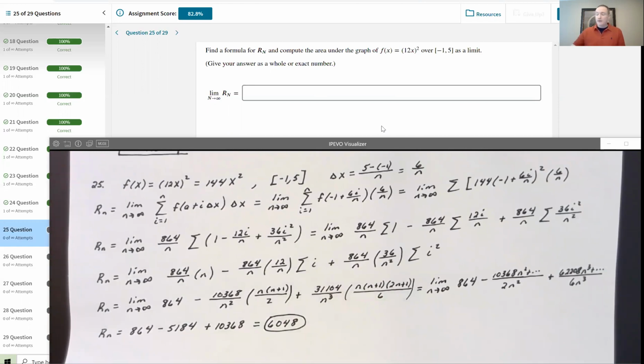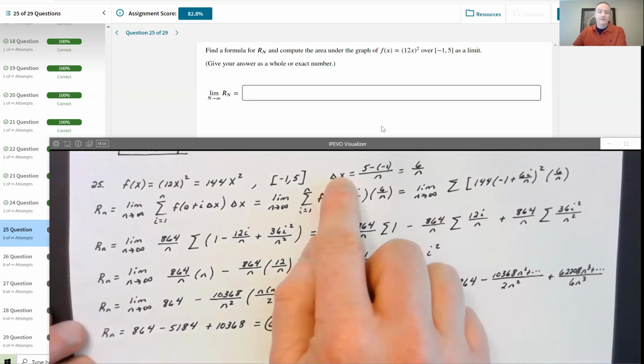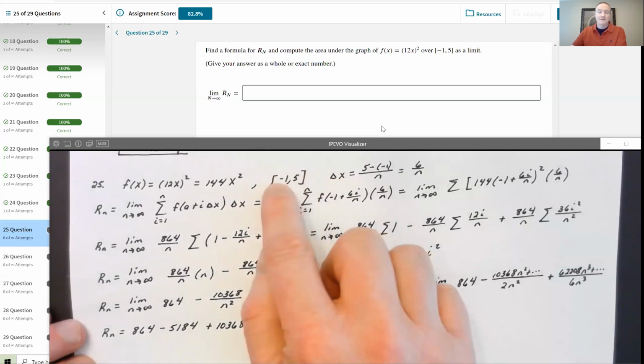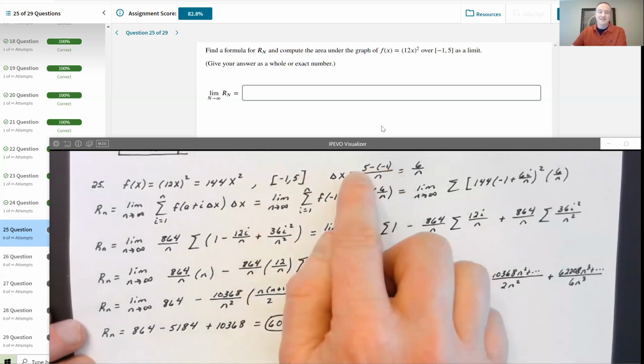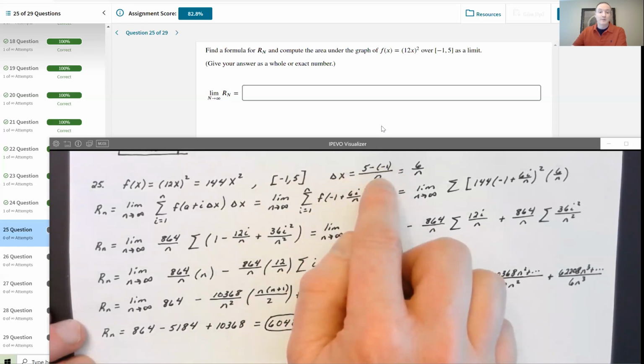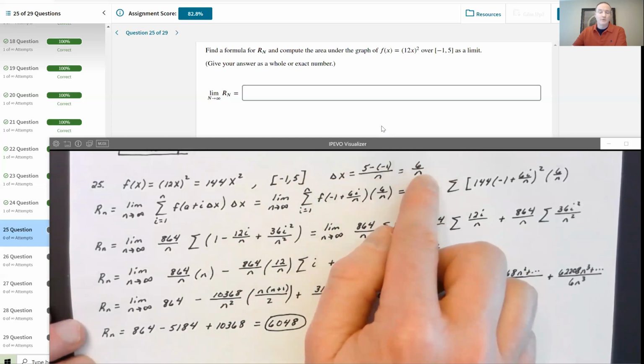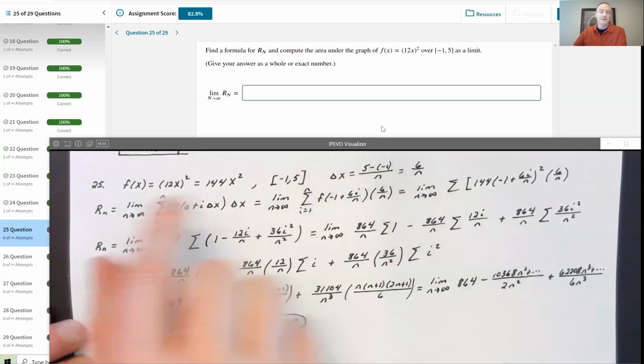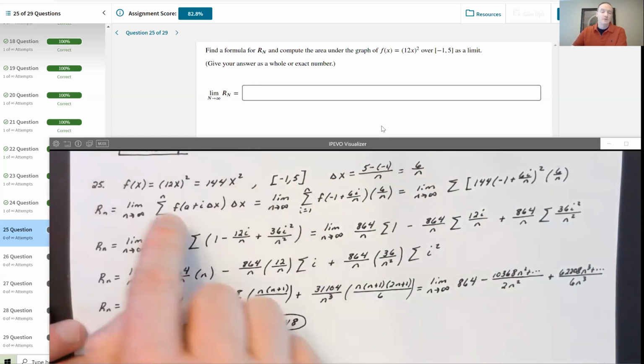In order to do that, I first found delta x. Delta x is the width of each rectangle, always b minus a, 5 minus -1, which gives me a distance of 6. Divide that by the number of rectangles, n rectangles, so I get 6 over n. This is going to be as n approaches infinity, so each of those rectangles becomes infinitesimally thin. They just become lines up to the curve.